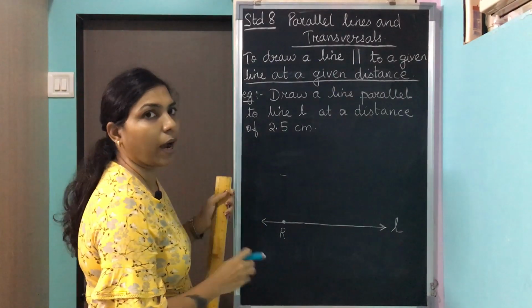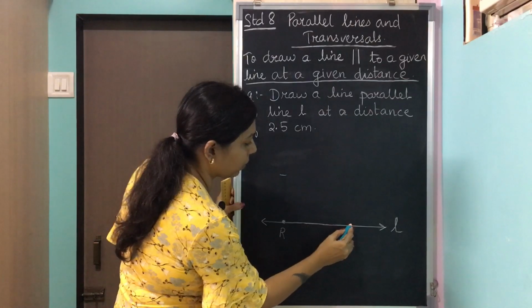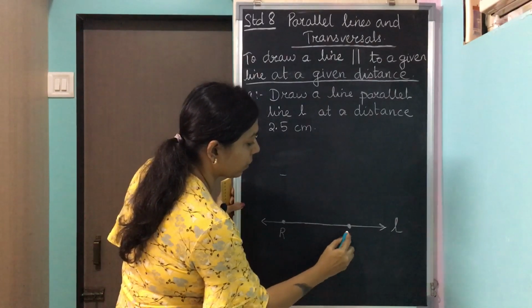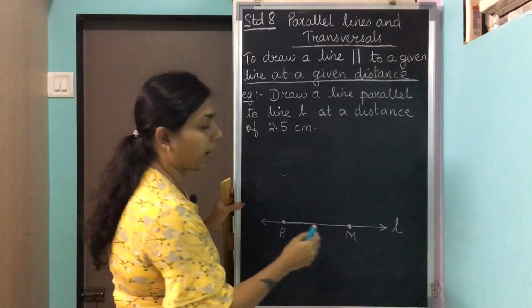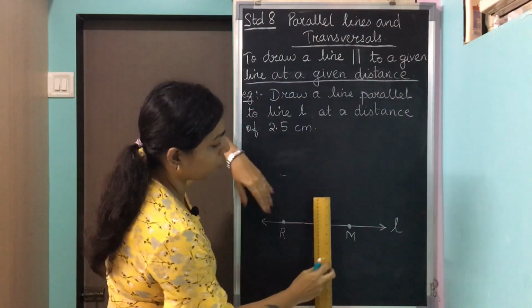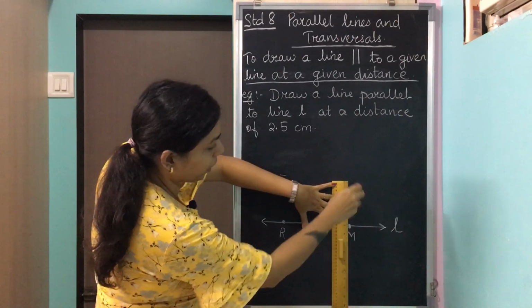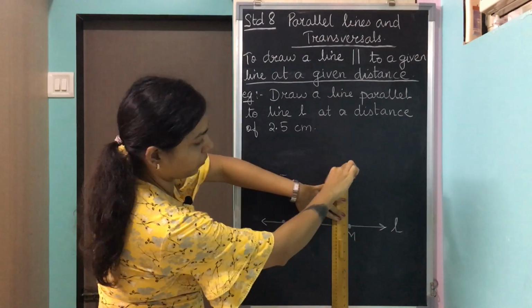Okay. Now I am going to take another point over here, let's call it point M. And I am going to do the same thing over here as well. So from the point M, I am going to again measure 2.5 centimeters.